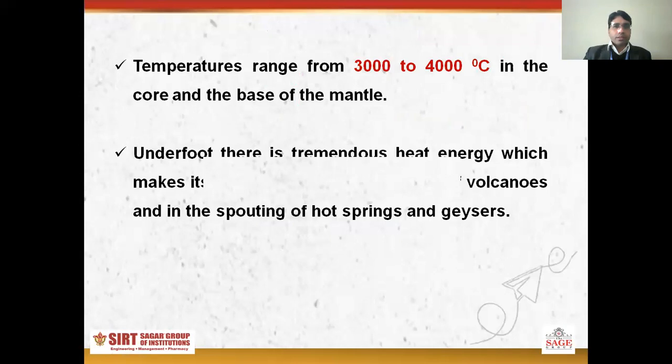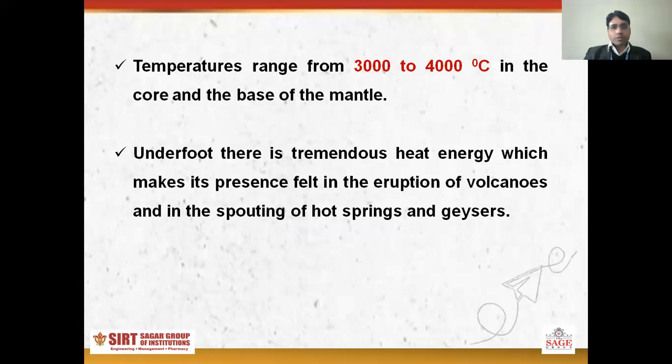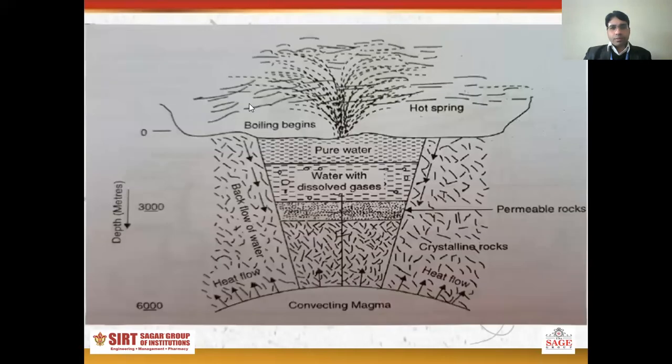Underfoot, there is tremendous heat energy which makes its presence felt in the eruption of volcanoes and in the spouting of hot springs and gases. This is a simple diagram of the eruption of a hot spring. Here you can see the different layers, and this is the depth, 0 to 3000 and up to 6000 meters.